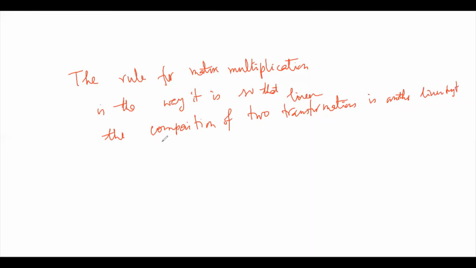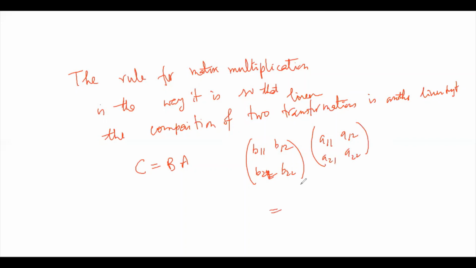So we say that C equals BA, and let's say B11, B12, B21, B22, multiplying with A11, A12, A21, A22 is equal to, to get this element, you multiply. We'll just use several colors.